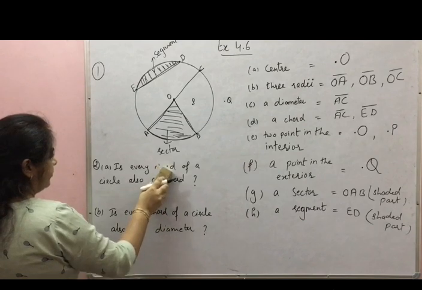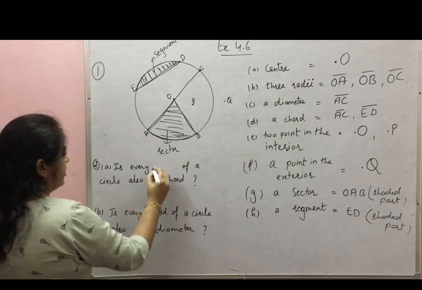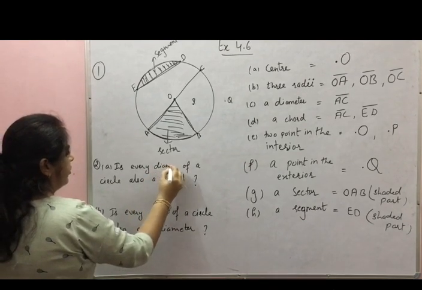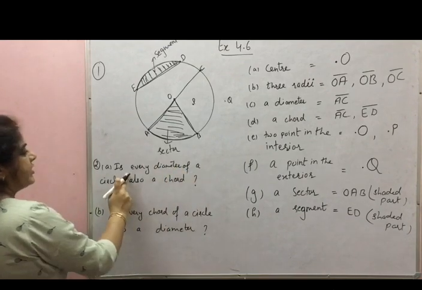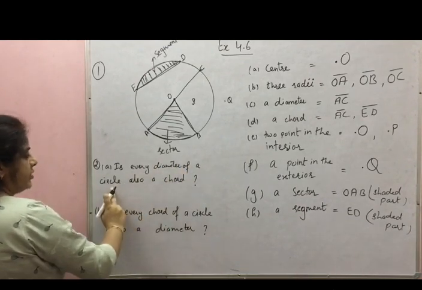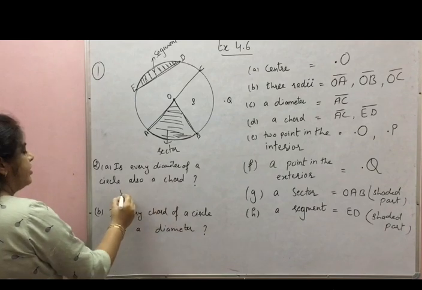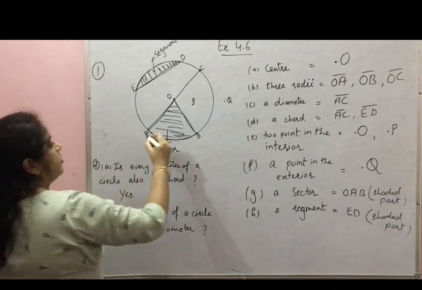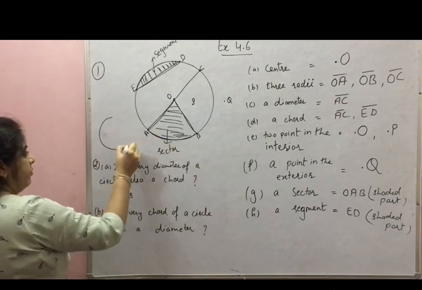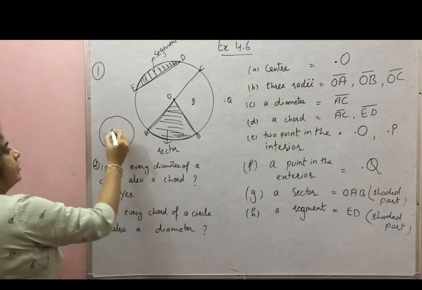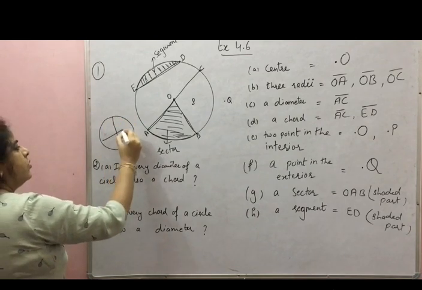Now question 2: is every diameter of a circle also a chord? The answer would be yes, because when we defined it, a diameter is a chord.